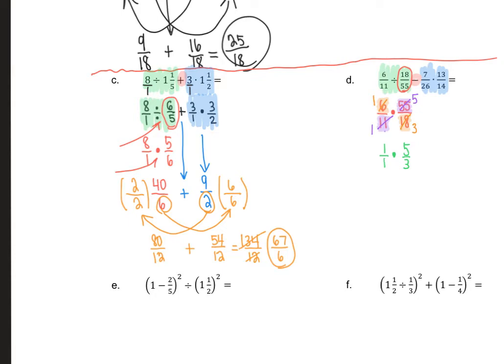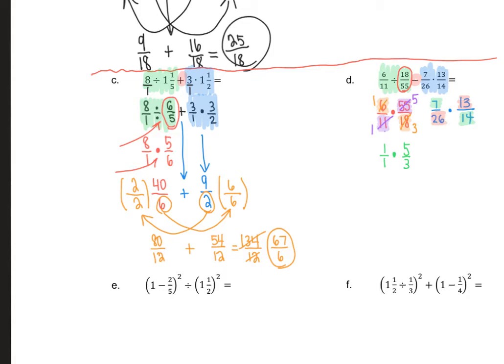So here, if you want to do the same thing, you're looking at this blue multiplication problem. You're looking at 7 over 26 times 13 over 14. So if you're looking at which ones you can cancel through or pull a factor out, you're looking at 7 and 14, and you're looking at 13 and 26.